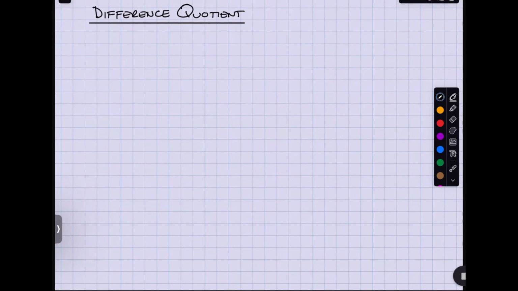All right, so the difference quotient is going to be given to you. You're going to have it, and it states this. So it's not an equation, it's just a fraction. Okay?